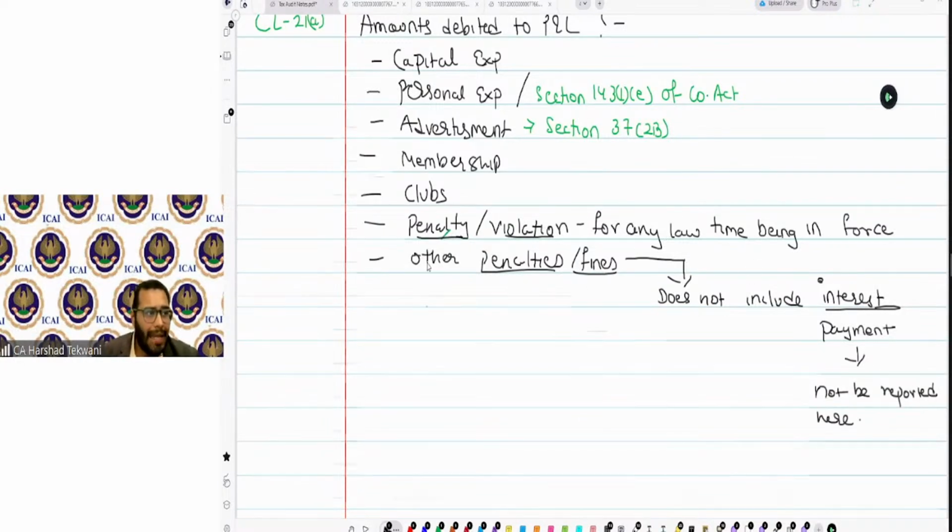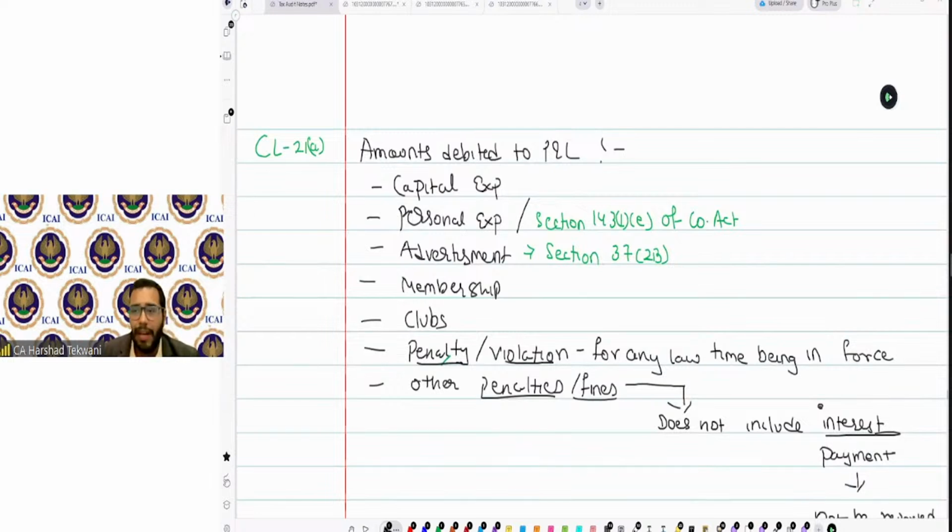Clear? Any doubt with respect to clause 21A? Yes, correct, Mancha. Personal expenditures are not allowed as per section 37.